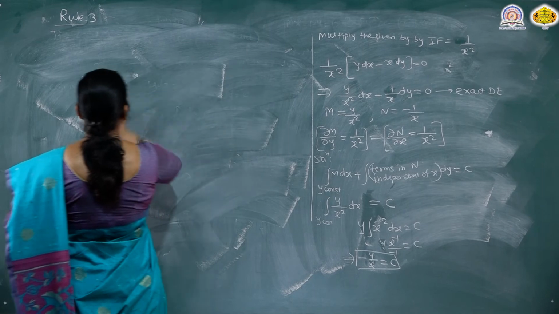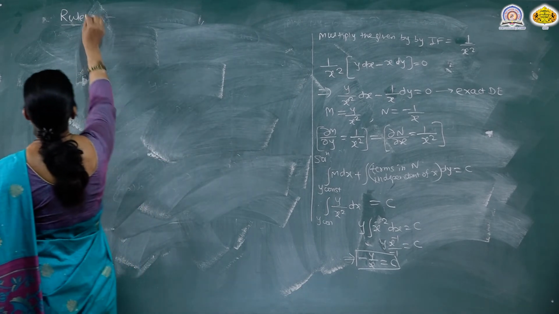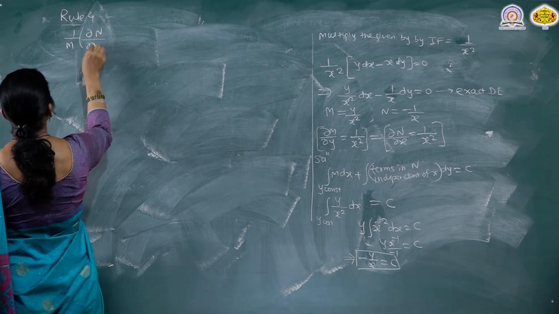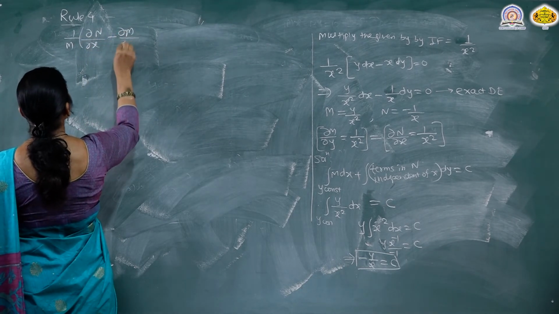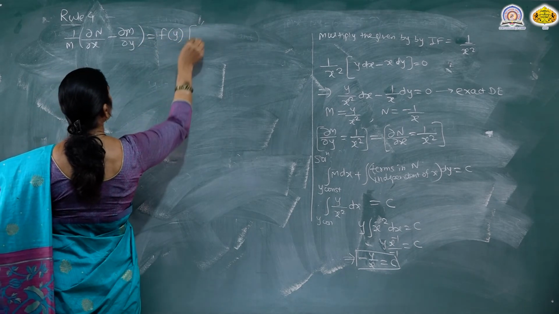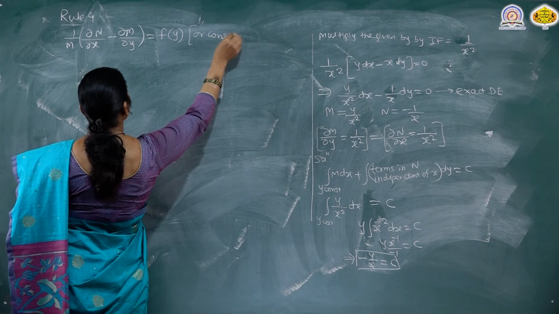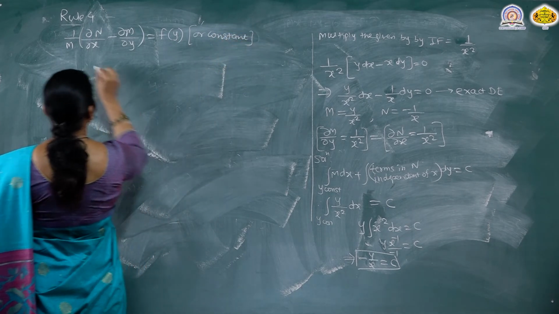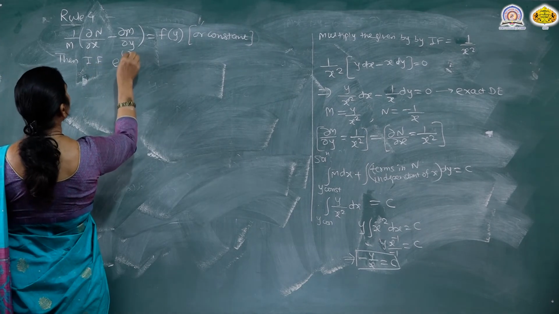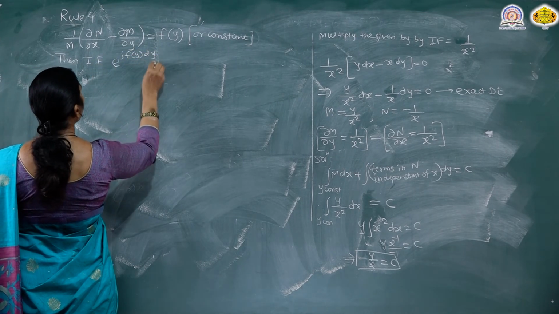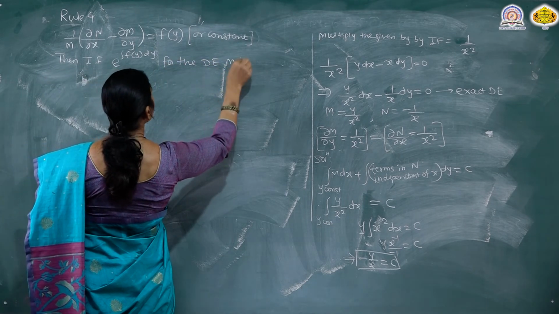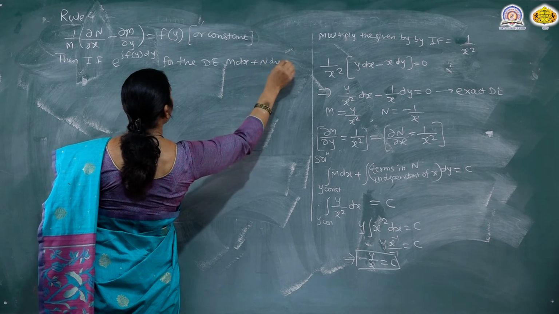So see, what is the fourth rule? The rule says that if 1 upon m into bracket ∂n/∂x minus ∂m/∂y is a function of y alone or constant, then the integrating factor is e raised to integral f(y) dy for the differential equation m dx plus n dy equal to 0.